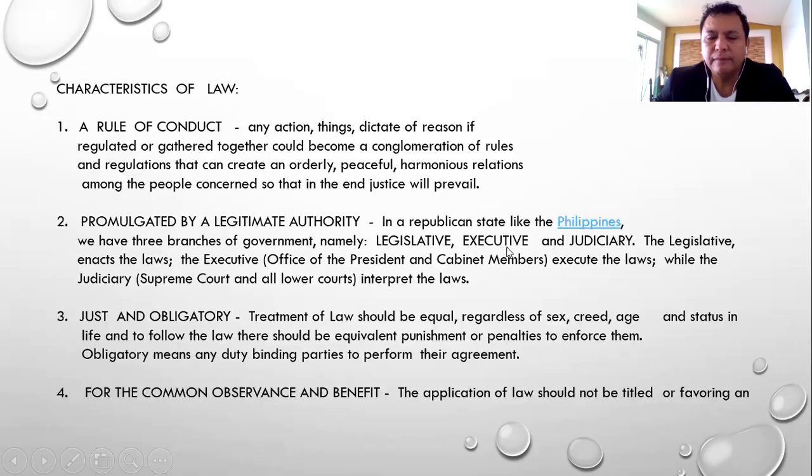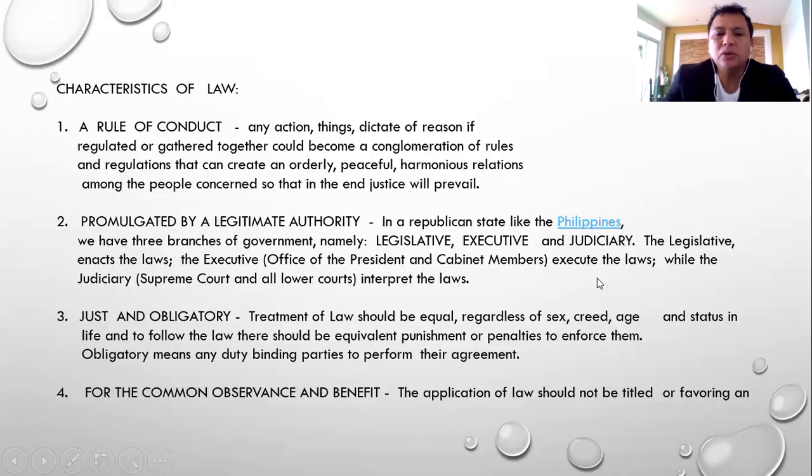So, the executive is the office of the president and his cabinet members. The cabinet members are the secretaries of the different departments. Say, for example, Department of Health, Department of Interior and Local Government, and so on and so forth. They are the ones responsible in executing the laws.